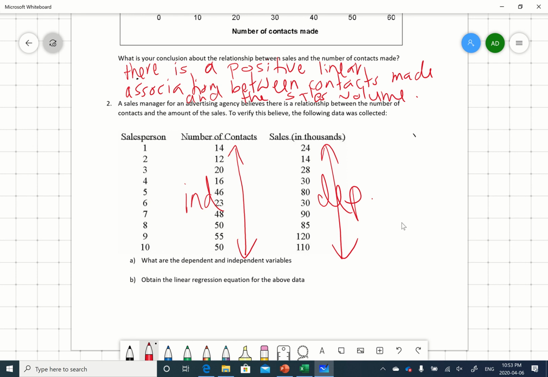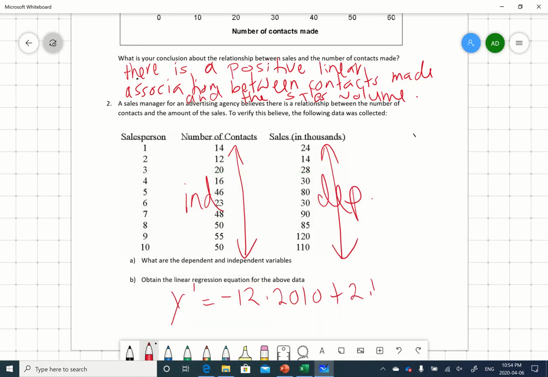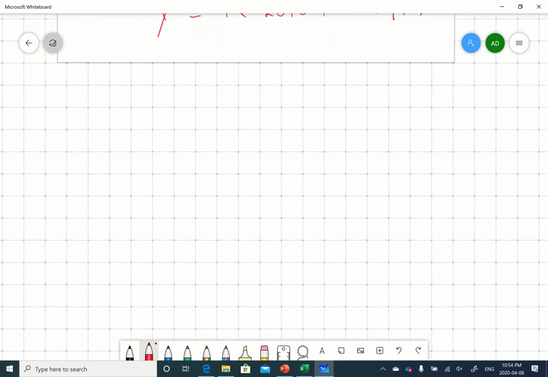So I know the equation y prime equals negative 12.2010 plus 2.1946x. Okay, then let's add the next page.